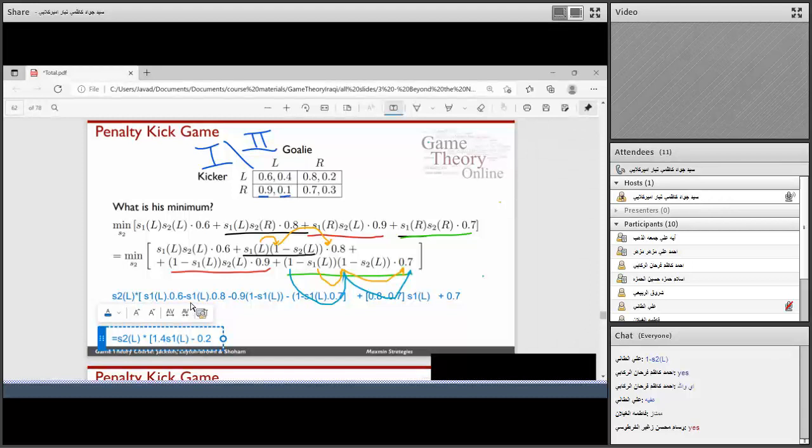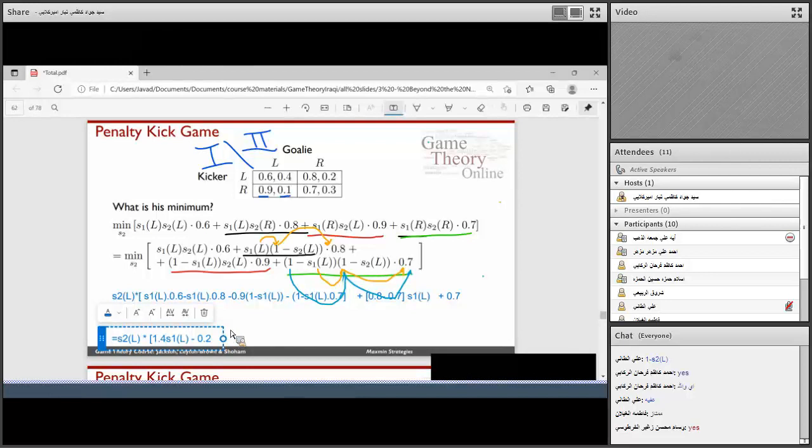So how much constant do we get? It would be minus 0.9 minus 0.7. That is really interesting.